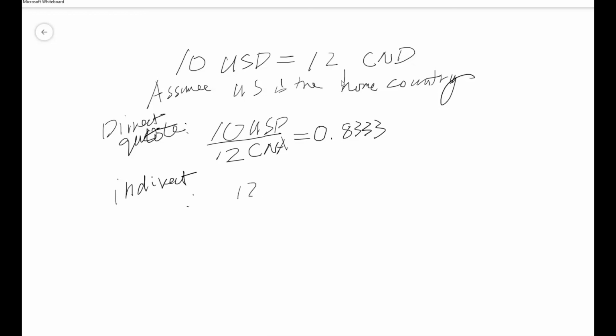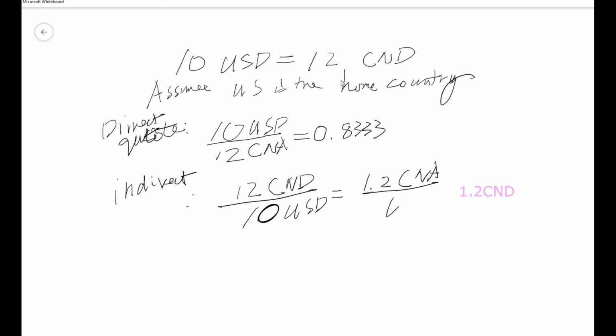To calculate, we use 12 divided by 10, so 10 USD as denominator. The top one is 1.2 Canadian dollars, CAD, for 1 US dollar. And the direct quotation will be 0.833 USD, and the denominator will be 1 Canadian dollar. We're going to use the same notation later.